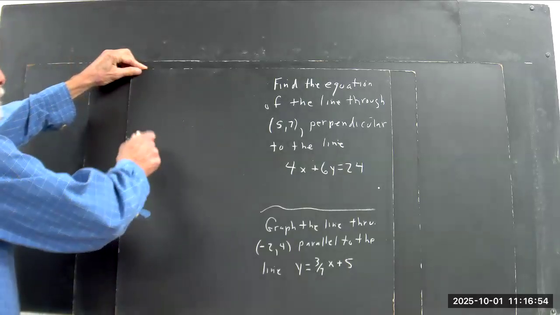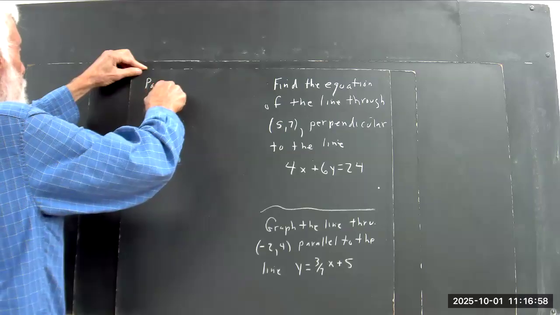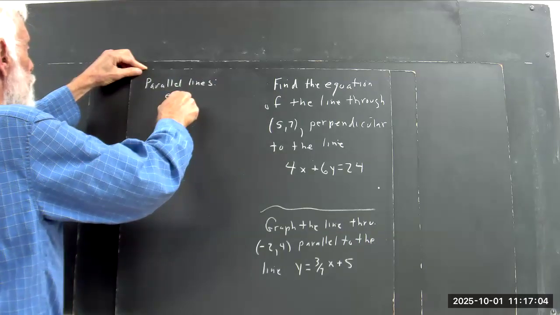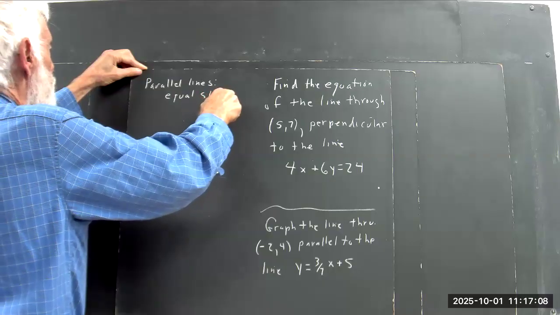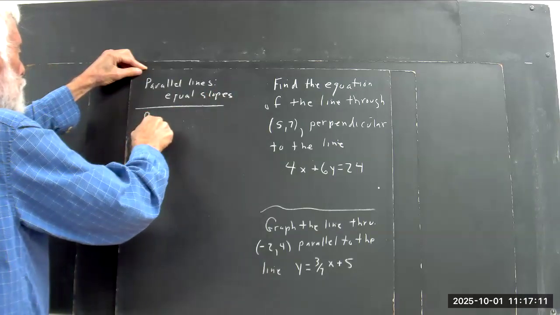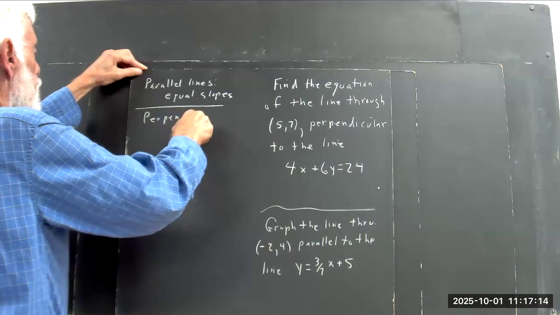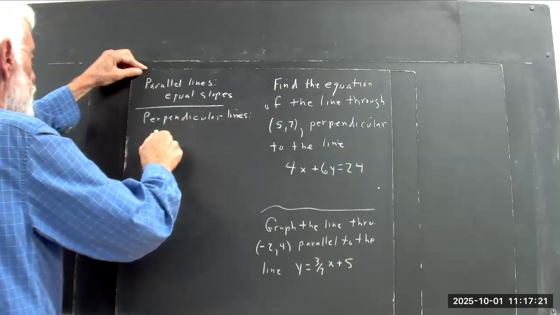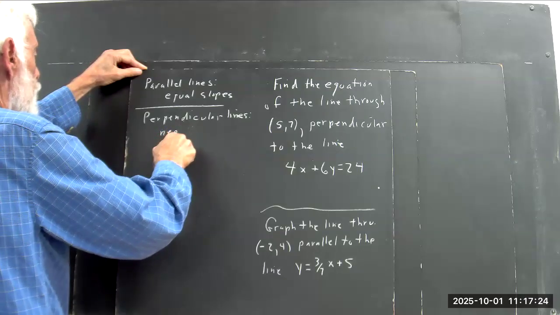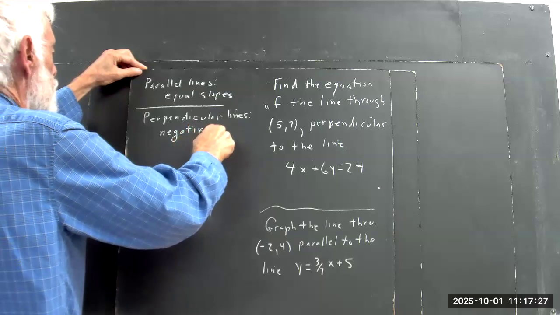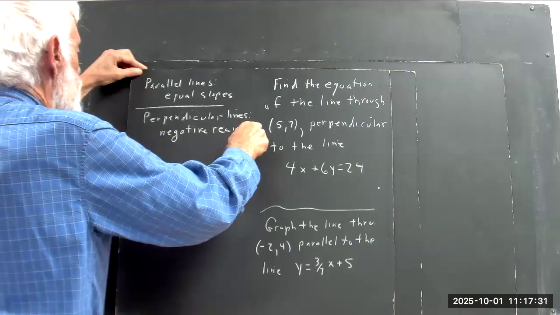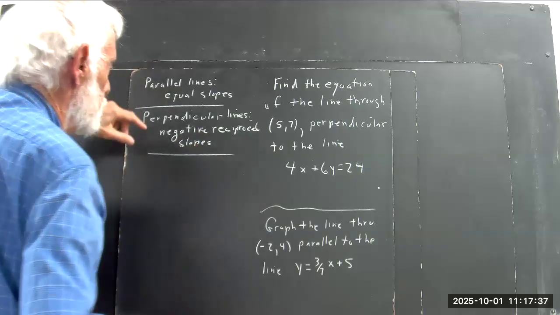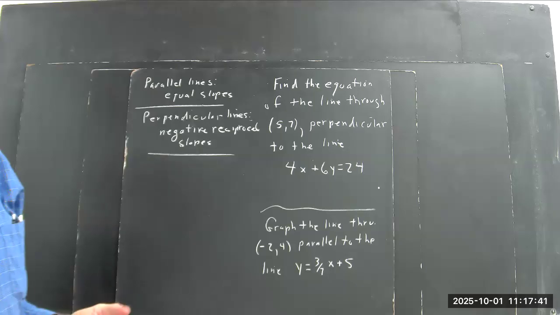Okay, so the first place we have parallel and perpendicular lines. So parallel lines have equal slopes, perpendicular lines have negative reciprocal slopes.